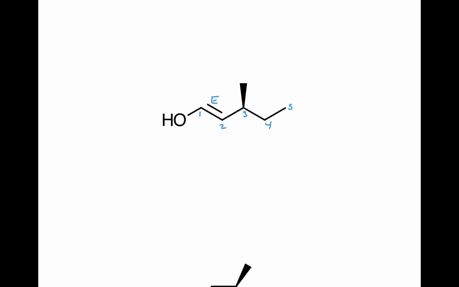So what we're going to want to do is figure out the priority of each of the groups on that carbon 3. For now, let's draw in this hydrogen, and let's draw in that this is a CH3. Okay, so our priority would be, we're going to look for what is attached to this carbon, and so we've got a carbon, and a carbon.